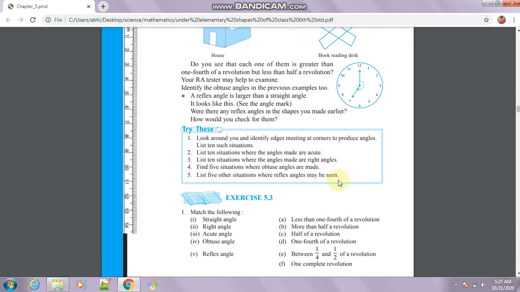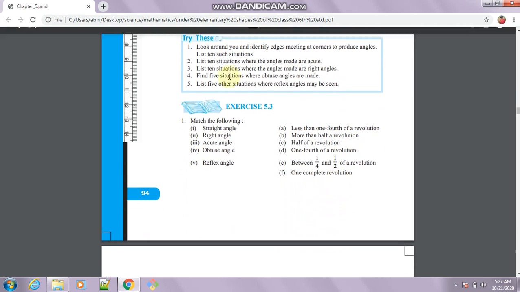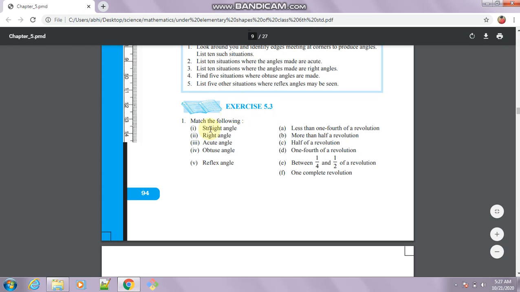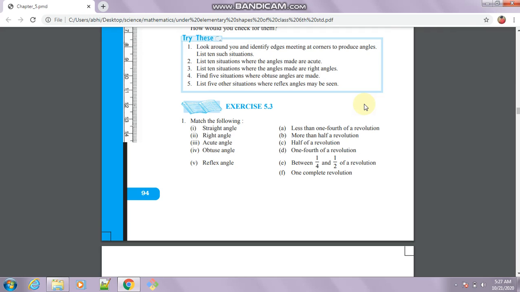Clear, students? That is about this topic. Okay, let me find the exercise 5.3. Match the following. A straight angle is half a revolution. Like I told you previously, two right angles make half a revolution.